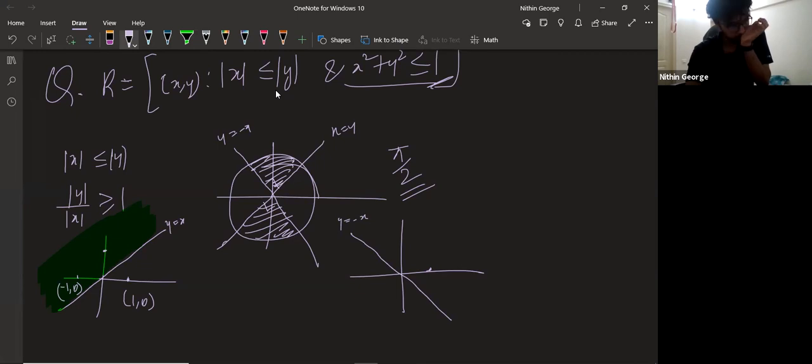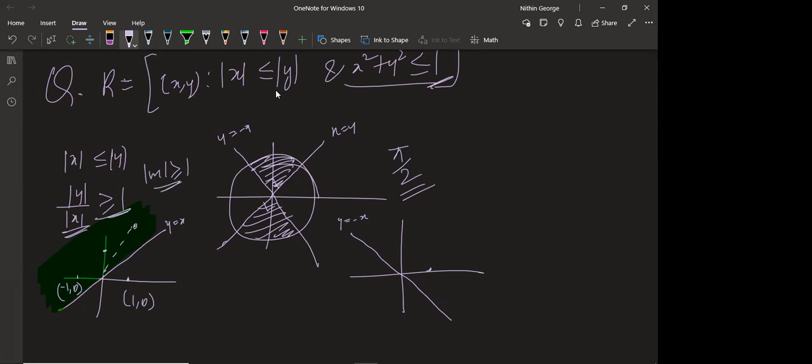When I say mod y less than x, okay, let's just look above the x-axis for now. The same will apply for below the x-axis. We're looking above the x-axis. Mod y less than or equal to x. So we can say the slope will be greater than or equal to 1. Does that make sense? The mod of the slope will be greater than or equal to 1. Like any point you take, you draw a vector towards the origin. The slope will be greater than or equal to 1. Yes. From this, I can say that.